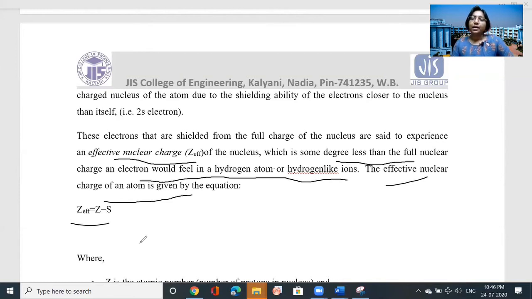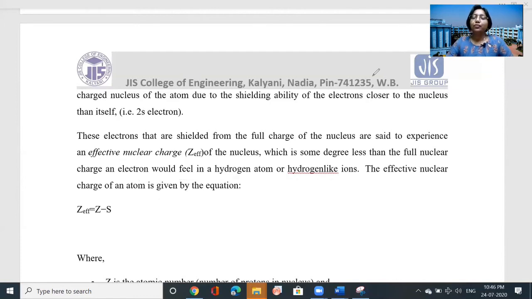So the actual effect of the positively charged nucleus will be less for the electrons compared to the hydrogen atom. For the hydrogen there is no shielding effect, that is, the penetration is higher as the electron is tightly and closely bound with the nucleus.